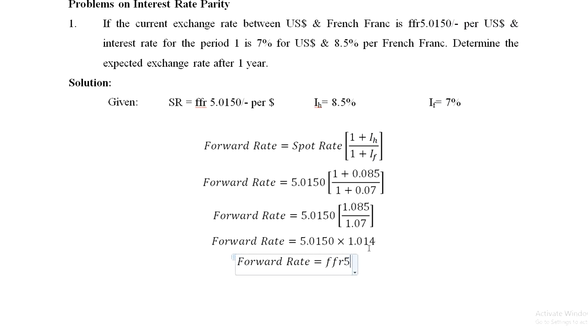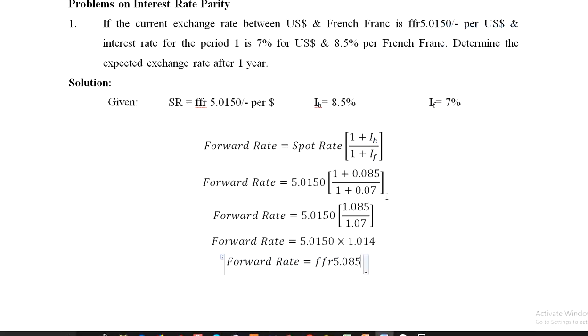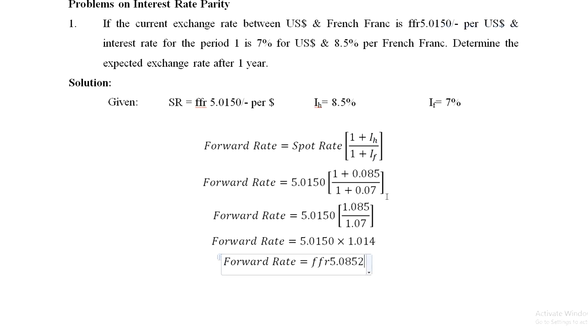FFR 5.085, the answer is here. If you want you can take it further also. Per which currency? Per dollar, right? So the solution is done. This is very simple. We have finished with this.